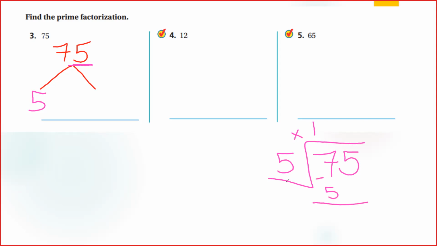Then the remainder is what? 7 minus 5 is 2. Then I will write 5 down. Divide by 5. 25 divided by 5 is 5.